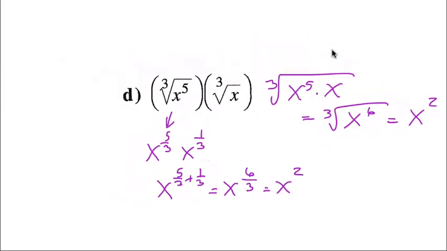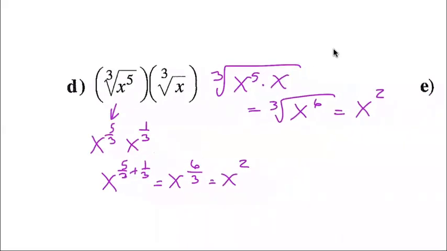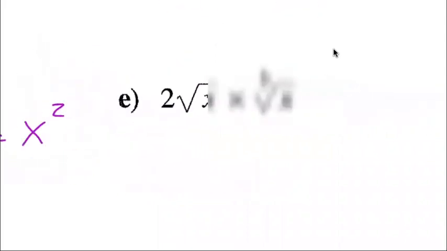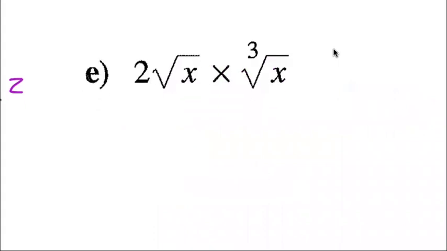I can only do that, though, because the index of the roots are the same. I can only do this part because they're the same. This I have to do if they're not, for sure, like in question E. 2 times the square root of x times the cube root of x, which is 2x to the power of 1 over 2 times x to the power of 1 over 3.